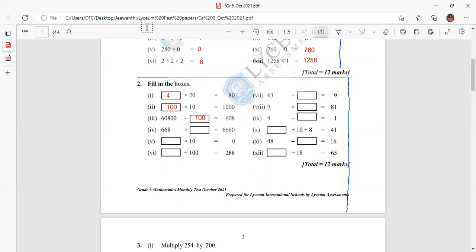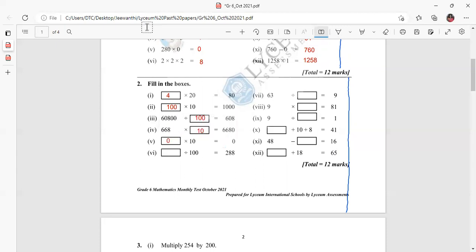Then can you see 668 has become 6,680, there is an additional 0 at the end. So what you should do, you want to multiply it by 10, right? 10 you multiply by something, it gives you 0. So definitely it should be 0, right?